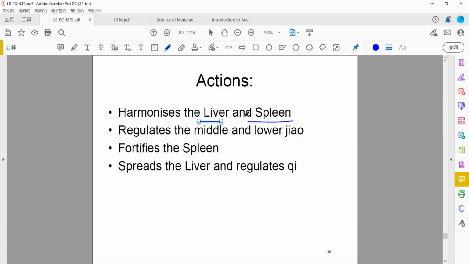So we can use Liver 13. Why is it good for harmonizing liver and spleen? First, it's on the liver meridian, and Liver 13 is the front-mu point of the spleen. So it's related to both liver and spleen, a good point to harmonize them.